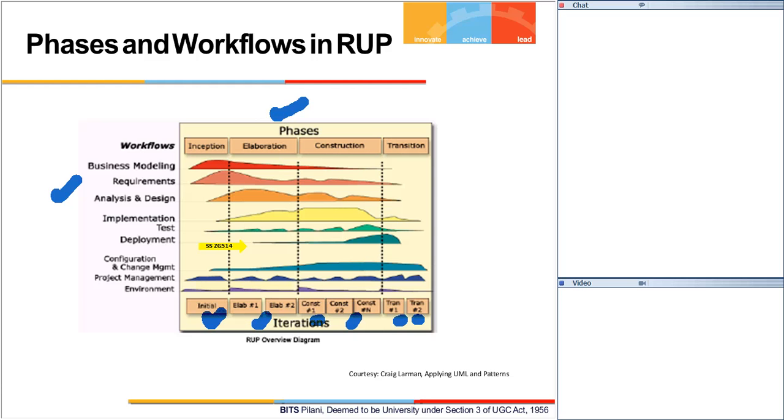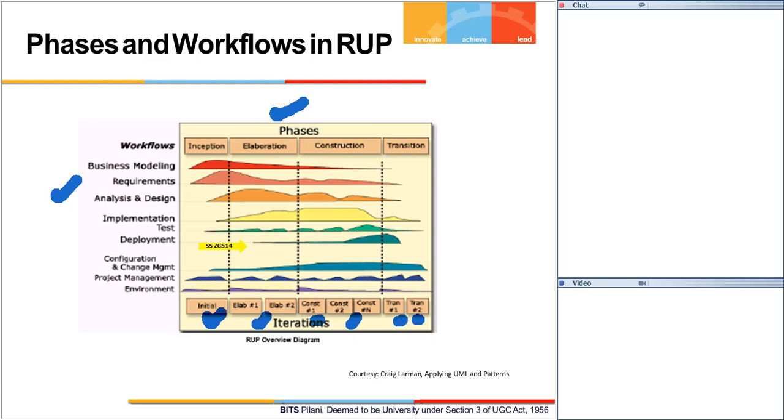Doing the business modeling and requirements together in the initial phases makes things more clear. If I just do the business modeling for 6 weeks and then find out the requirements from that business model, you've already lost that time, and by the time you find out the requirements, you may find that it was infeasible to execute what is required.